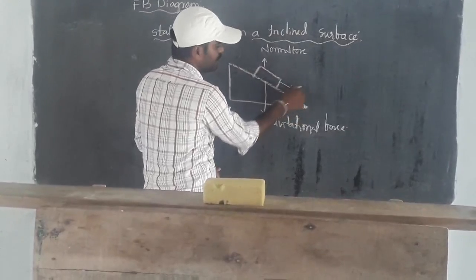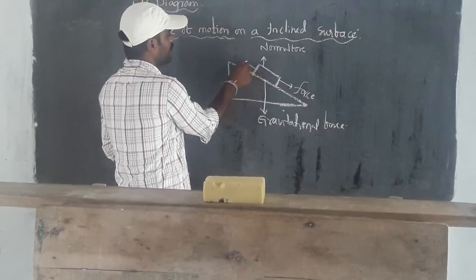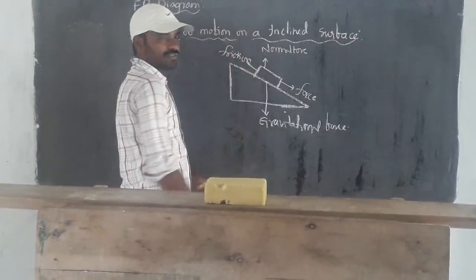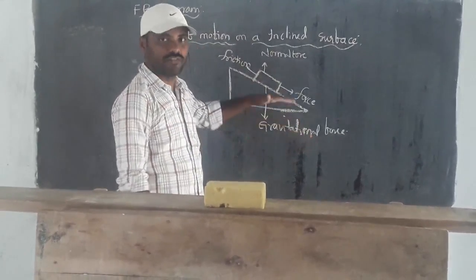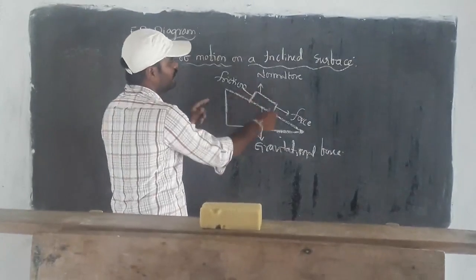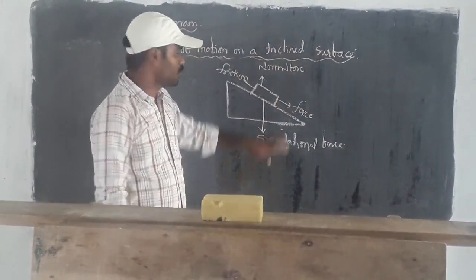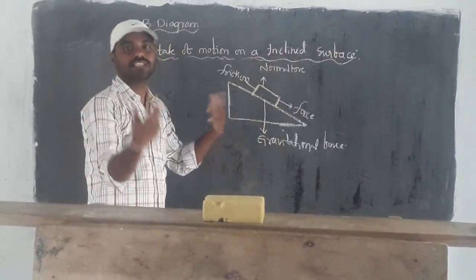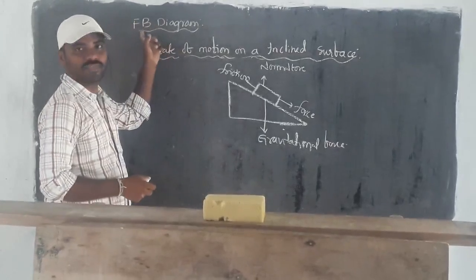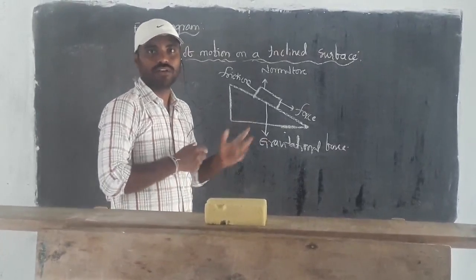For that, this is the force, and exactly on the back side friction exists. So these are the 4 forces present or acting on an object on an inclined surface, right? So this information is easily obtained by drawing the FBD diagram, means free body diagram. Have you got clarity?